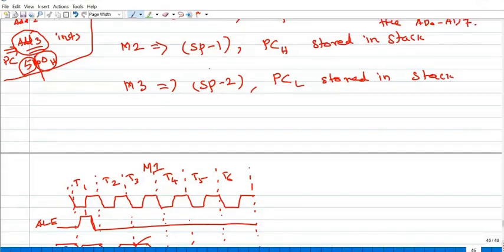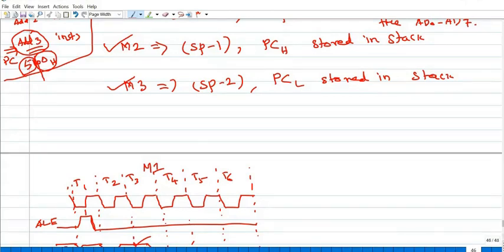How does it store? The stack pointer is decremented by 1, then the higher order data is stored first. This is almost equal to writing your data in some memory. So this M2, M3 machine cycle is a memory write cycle. You are writing the data in the stack memory.